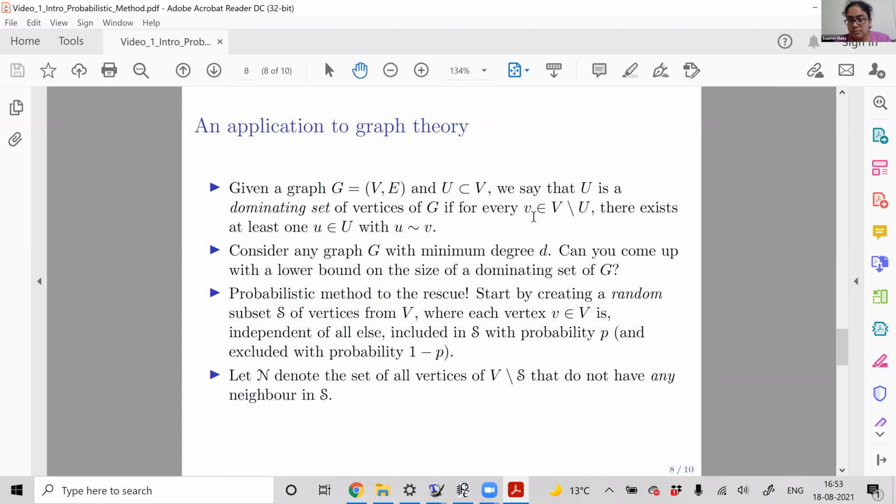Every vertex small v which is not in U must have a neighbor small u in capital U. This symbol signifies adjacency.